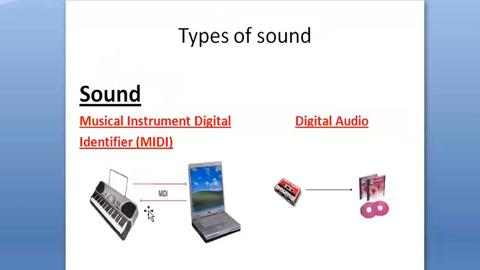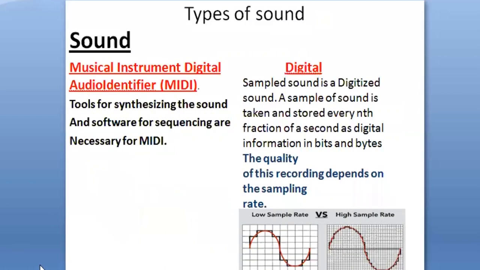When you talk about sound, we have two types of sound. One they call MIDI, musical instrument digital interface sound: sounds which are used in electronic instruments. This sound can also be transferred to your computer in a digitized format. The other one is digital audio.